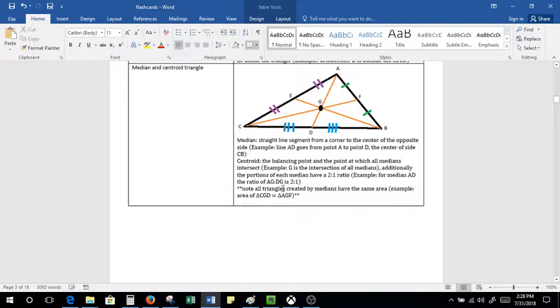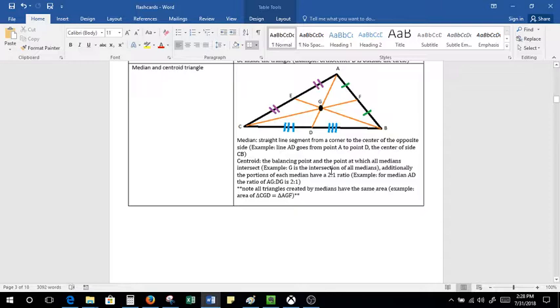For medians and centroids then, a median is a straight line segment from a corner to the center of the opposite side. So for example, we're going from C to its opposite side, and we're just hitting it right in the center. So we're splitting AB into two equal parts, AF and FB. That's what these lines represent, that we're splitting each side equally.